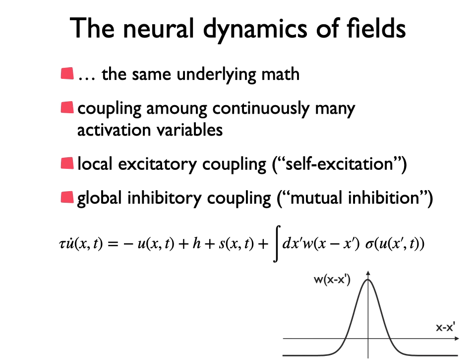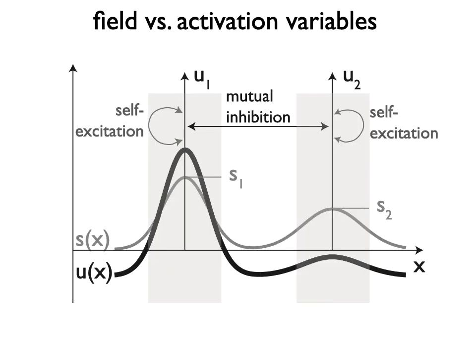So this dynamics is what created these states that I illustrated in the simulation, and here is an illustration that connects this discrete and continuous regime. If you think about the underlying field, local excitatory interaction and then global inhibitory interaction translates into self-excitation or mutual inhibition for discrete activation variables, which would be the activation in a certain region of the field.